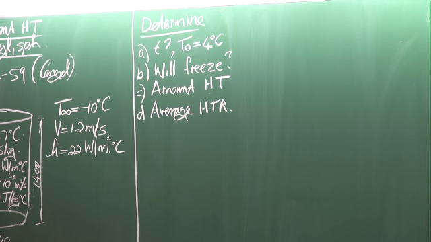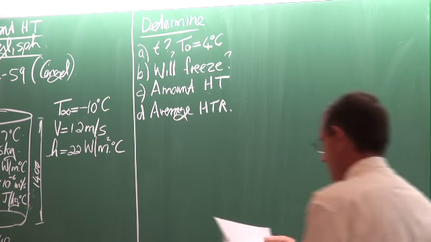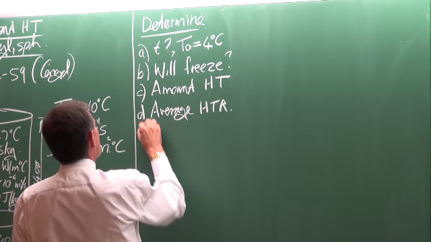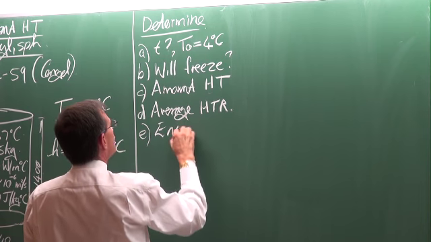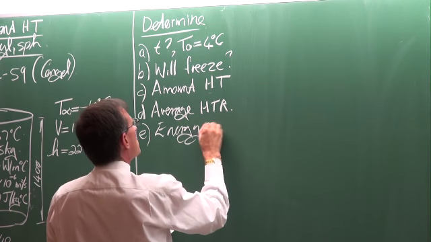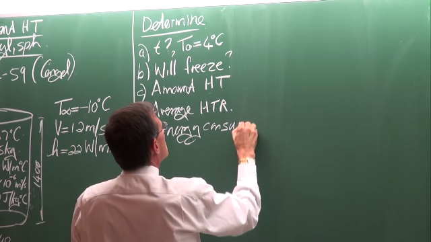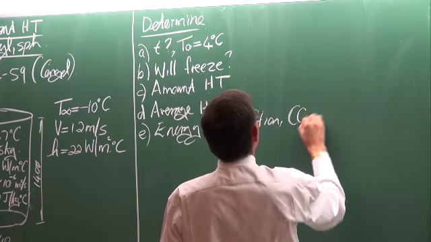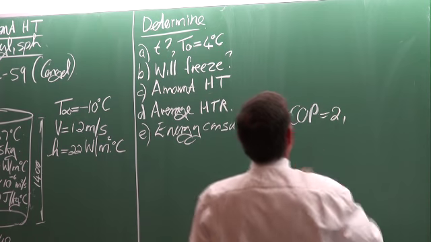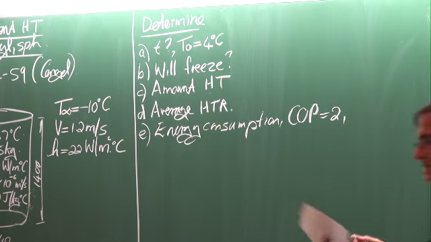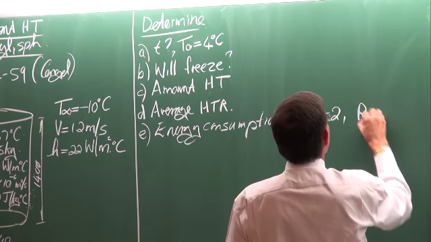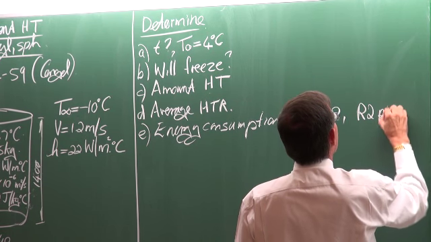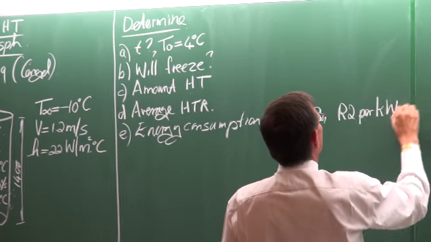The second part, the average heat transfer rate. And then the energy consumption with a refrigeration system with a COP of 2, and an electricity tariff of R2 per kilowatt hour.